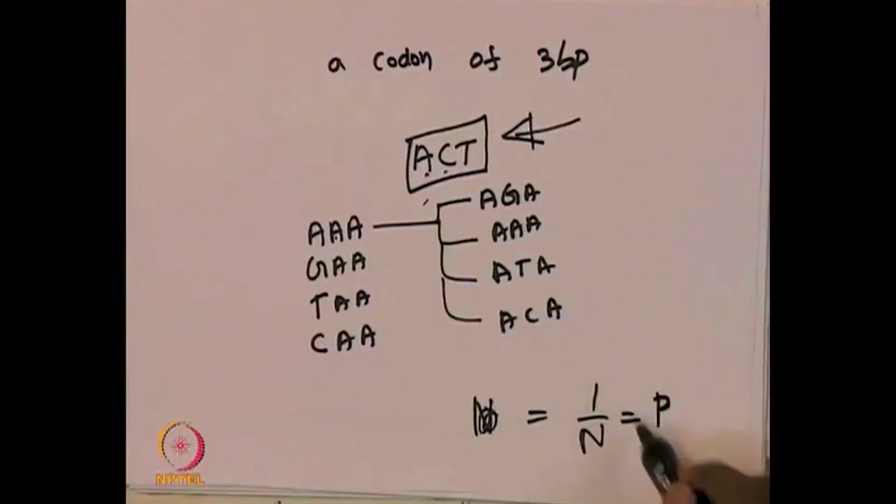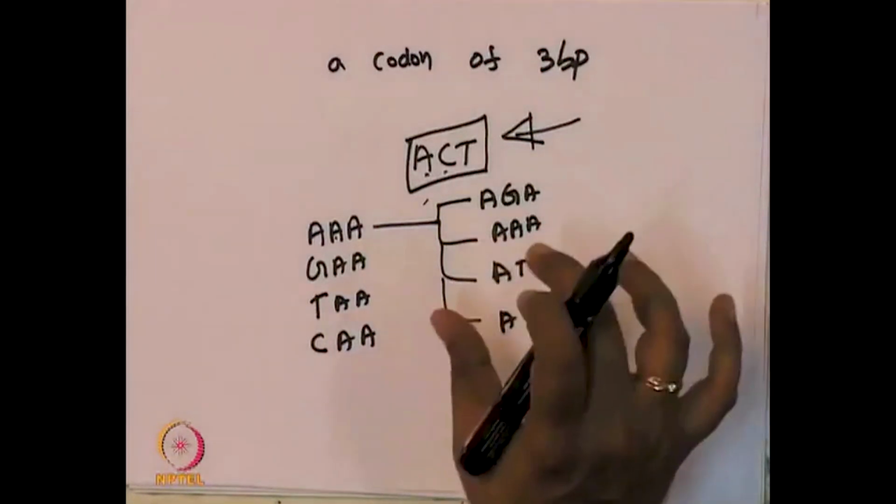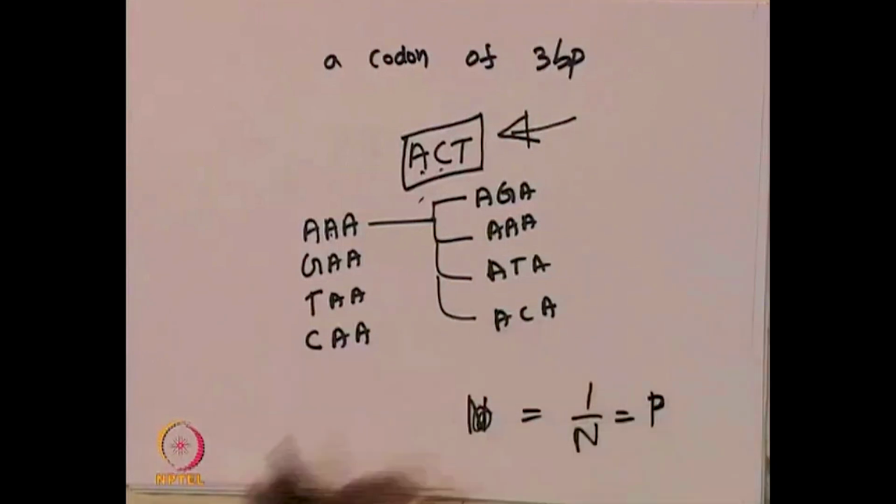So, if you have n different types of sequences possible for this codon, you will have 1 over n as the probability of finding any of these codons, because all of them are equally likely. So, that is the idea of uniform distribution.